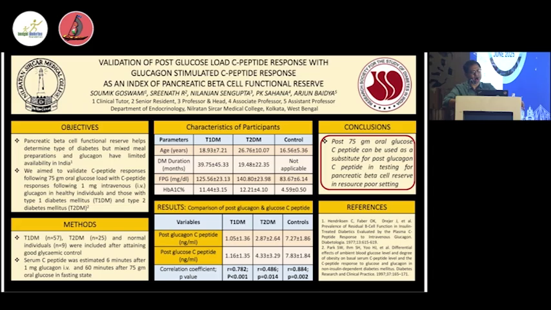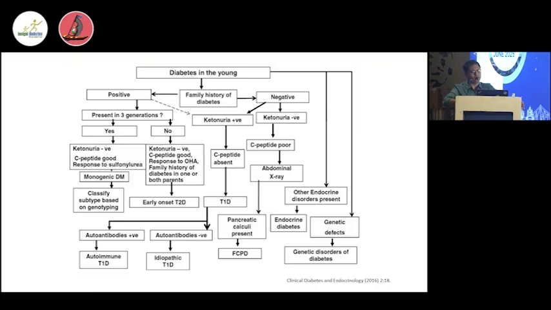For fasting C-peptide, usually less than 0.3, and stimulated C-peptide of less than 0.3 is very important for type 1 diabetes as insulin deficiency. There are different cutoffs of C-peptide assessment, but these are the standard levels we can consider for insulin deficiency. A study from NRS Medical College shows that C-peptide assessment after glucose stimulation with 75 gram oral glucose is a very easy technique for assessment of postprandial C-peptide level, instead of the meal test, which is a very complex process that we can't do in routine practice.